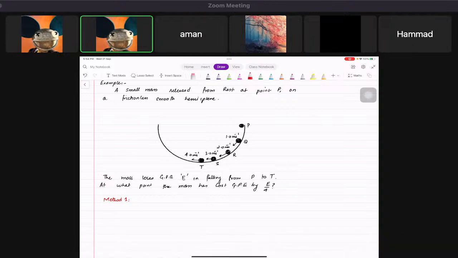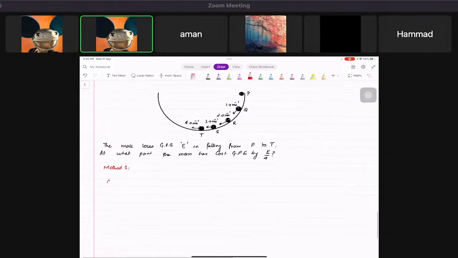So the first method basically involves ratios of math. It's up to you if you want to use it, right? We know that gravitational potential energy lost is basically gain in kinetic energy. Gravitational potential energy, he says it's E, when you have half mv square.